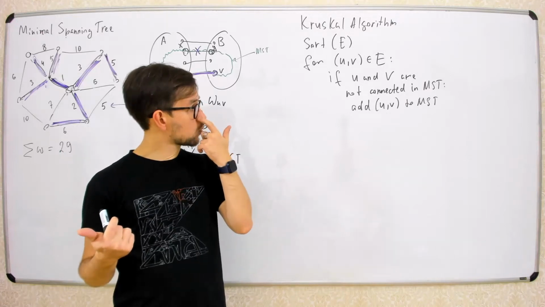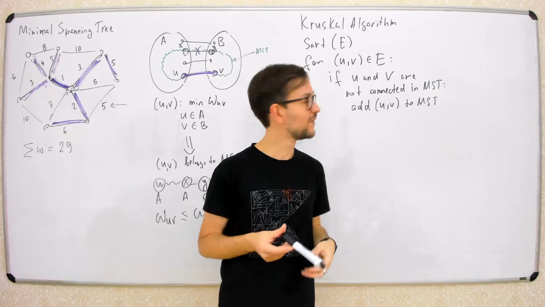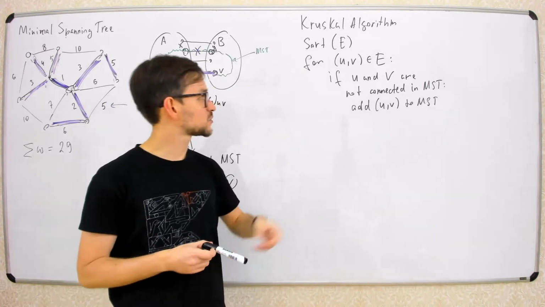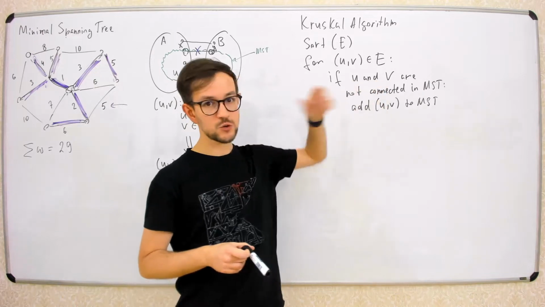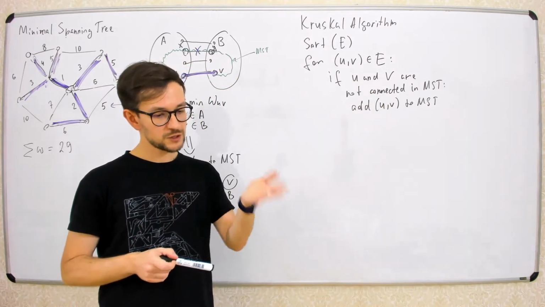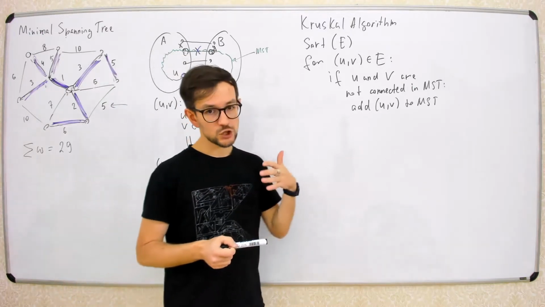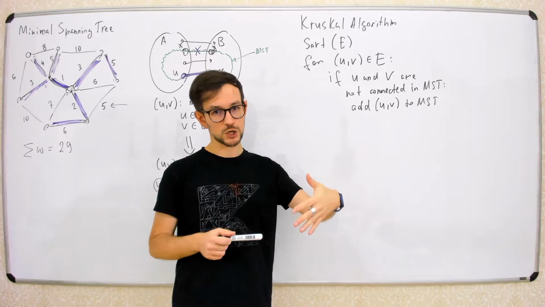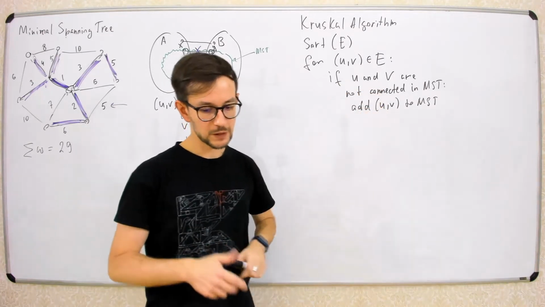Now, what is the fastest way to check if two nodes are connected? Like you mentioned already in the chat, the easiest data structure which answers these questions is the union find data structure from the previous semester. Or disjoint set union, it's the other name of the same data structure. We can use it to check if two nodes are connected and to connect them.